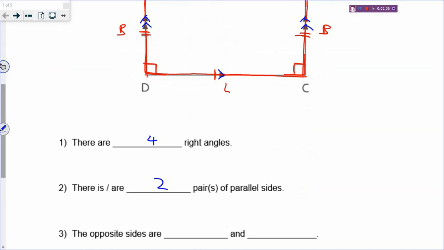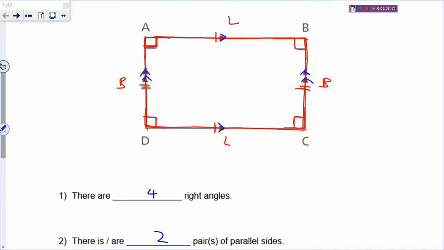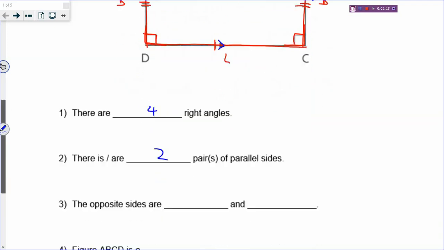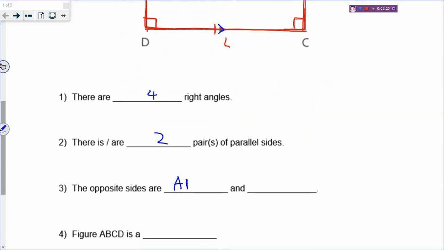Where are the opposite sides? You have AB, which is one of the lengths, and CD, which is the other length. So the opposite sides are AB and DC. How do you label a line? The line has 2 letters, and you call the line by its letters. You can call it the AB line or the BA line, and the CD line or the DC line.